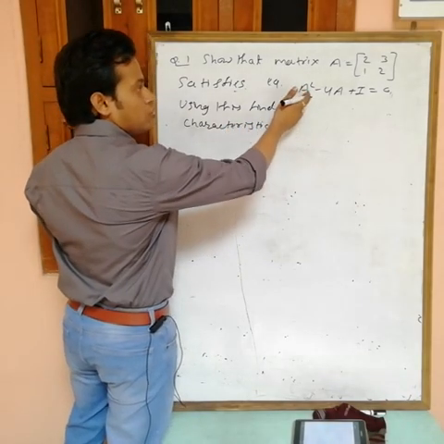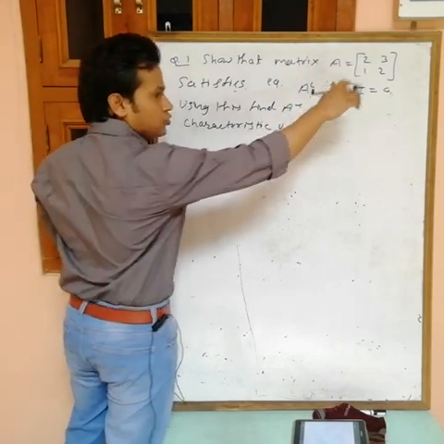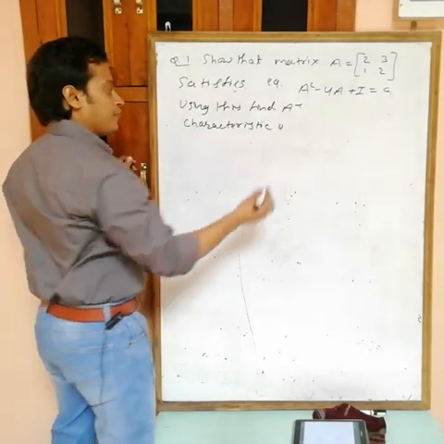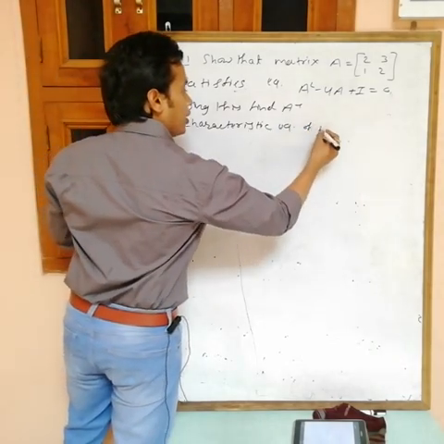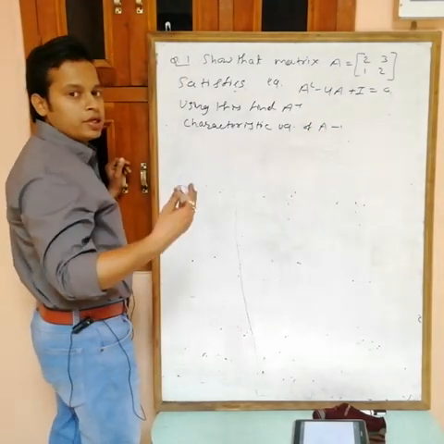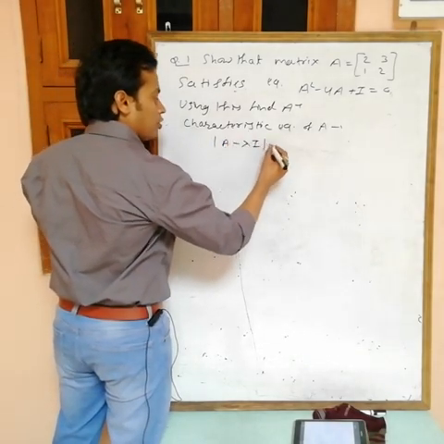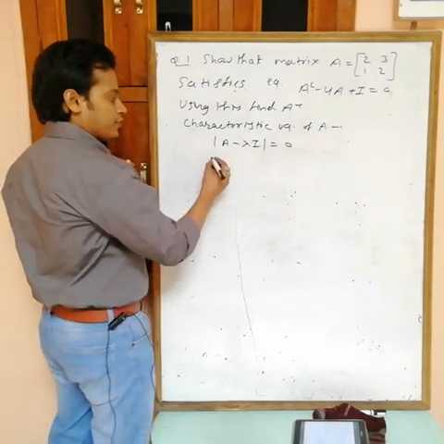This is a 2 by 2 matrix, so you will get a characteristic equation of degree 2. How to get the characteristic equation of any matrix A? By using determinant of A minus lambda I equals 0.